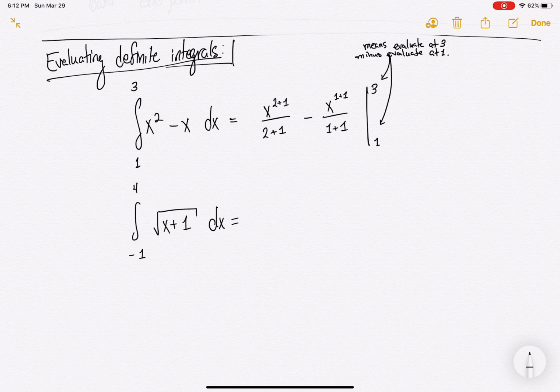So that's the notation we like to use. And okay, so really what's going on there? This is really x cubed over 3 minus x squared over 2 from 1 to 3. And so what is this actually equal to? I plug in 3 first, right? Evaluate at 3. 3 cubed over 3 minus 3 squared over 2. This is really me plugging in 3.